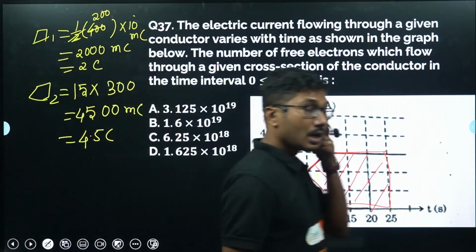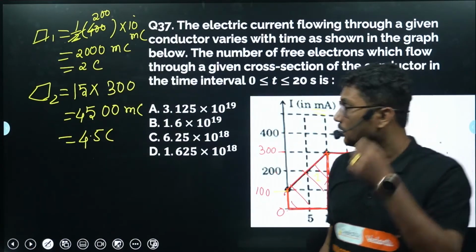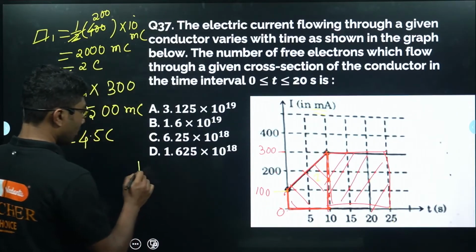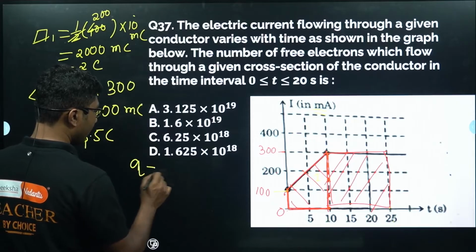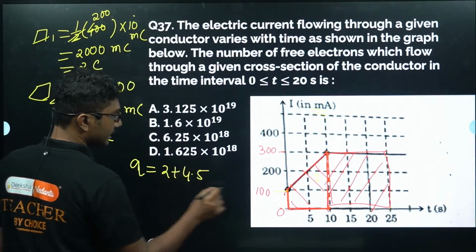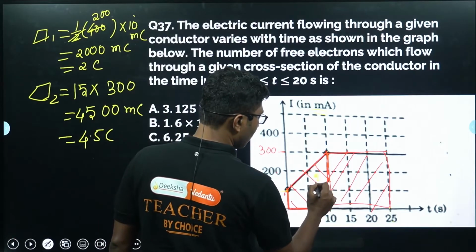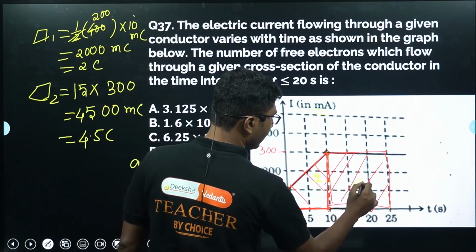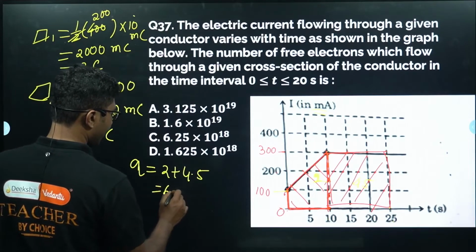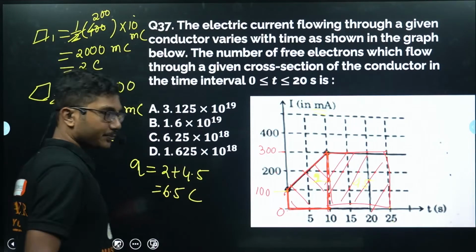So what is the total charge? Q is given by 2 plus 4.5. This is 2 coulomb, this is 4.5 coulomb. If you add them, you will get 6.5 coulomb. Now this is the charge, right?